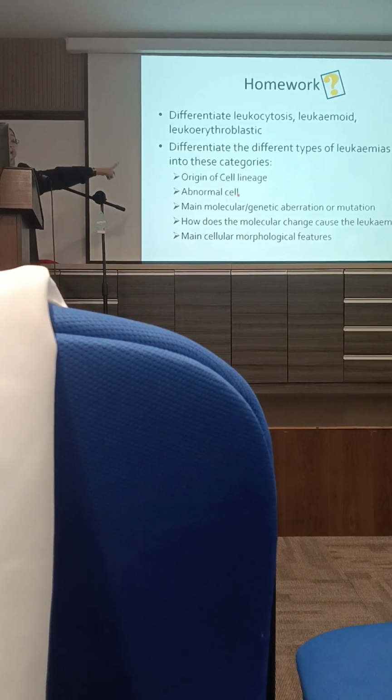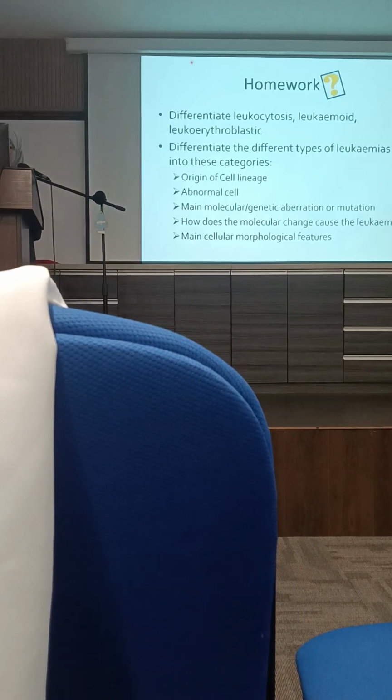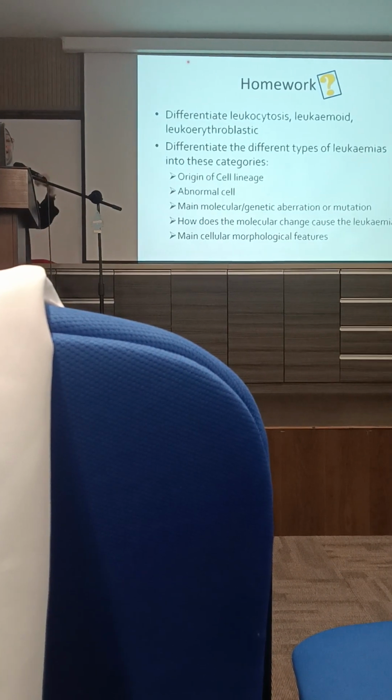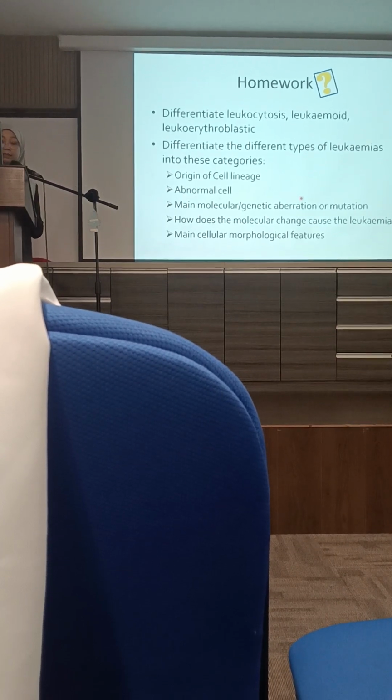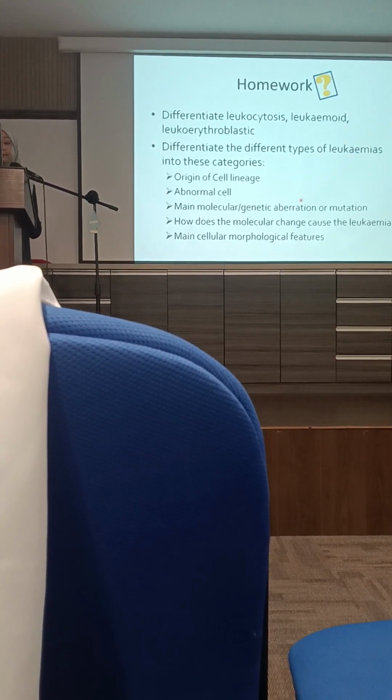So when you are discussing the different types of leukemias, make sure you know what the origin of the cell is. What is the abnormal or neoplastic cell? Is there a genetic aberration or mutation associated with it? And how does this molecular change cause the leukemia?